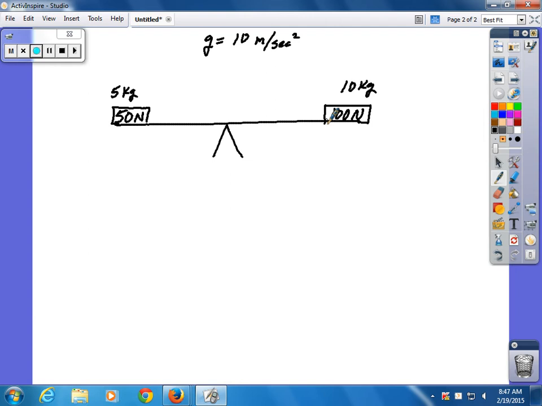And they want to know where the fulcrum needs to be placed. Well, we know we can take 50 times 10 is equal to 100 times D, because we've got distance here.